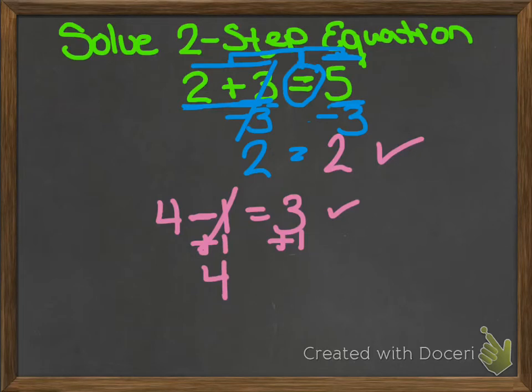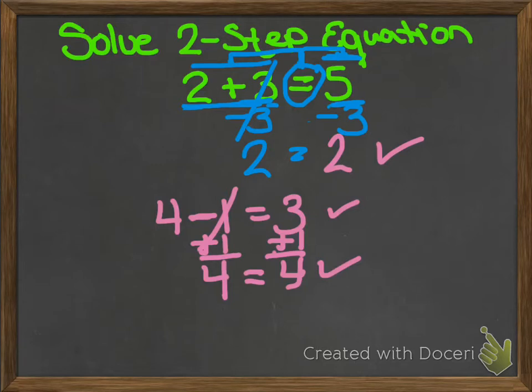So if I have 3 over here and I add 1, then I have 4. So we're equal. Okay? Alright, so what are we seeing here? If I'm doing something to one side, I have to do it to the other, right?